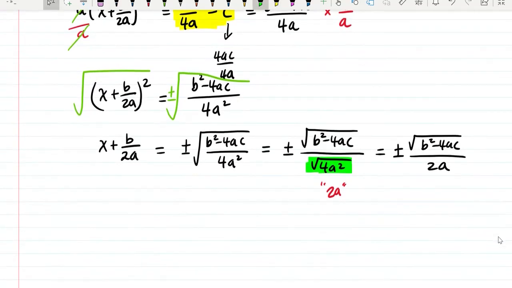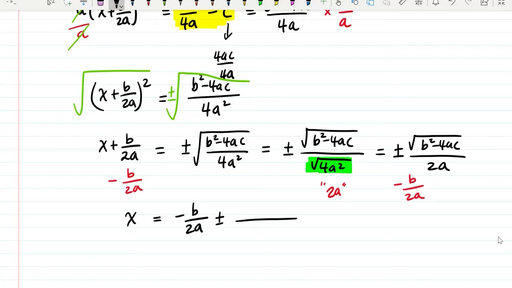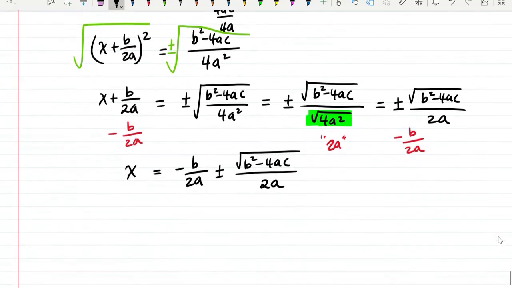We're almost done. Let's get rid of this b over 2a by subtracting from both sides. And now we have x is equal to negative b over 2a plus minus square root of b squared minus 4ac over 2a.